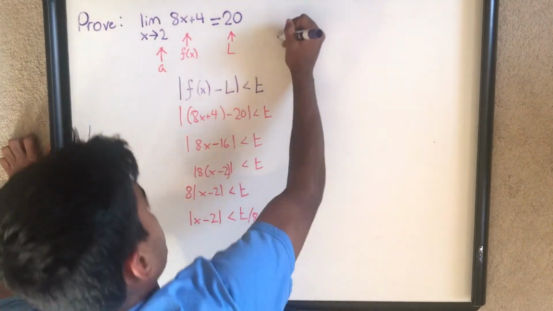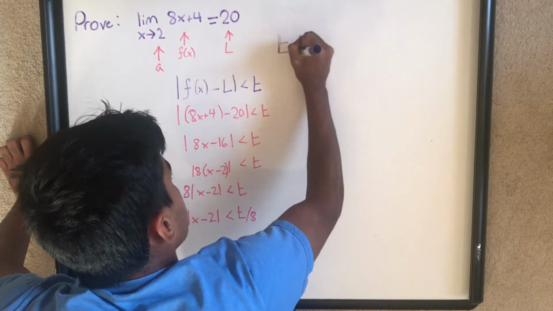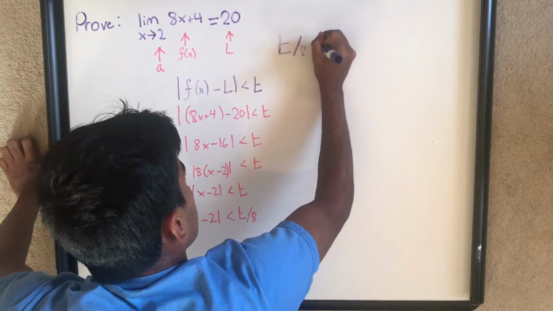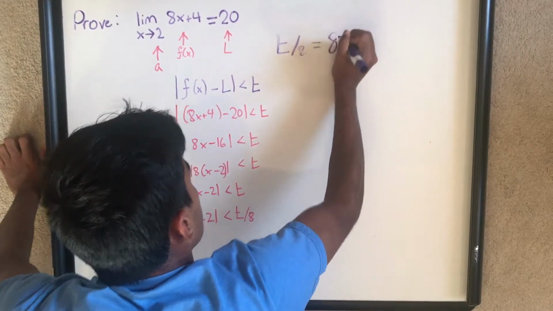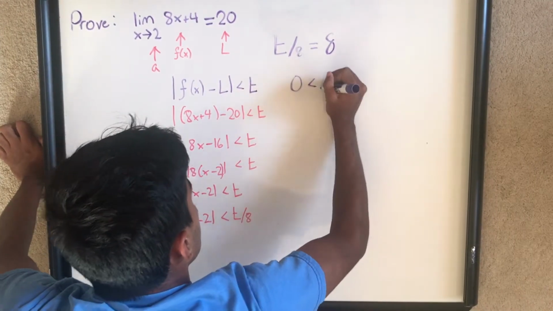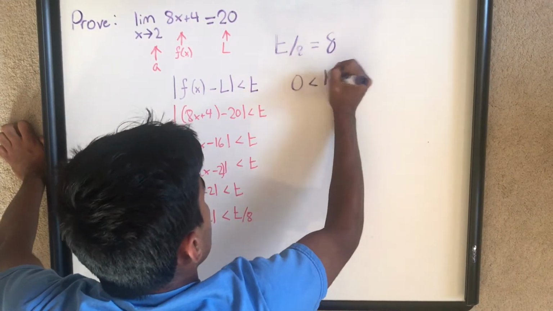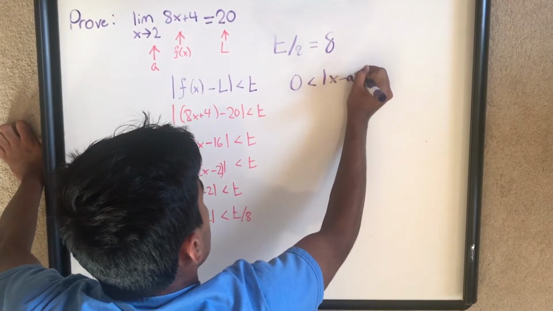And so since it's a function, and if it is a limit, we know that delta and epsilon should be related in some way. So we're able to say that epsilon divided by 8 equals delta, since we know that 0 is less than the absolute value of x minus a, which is less than delta.